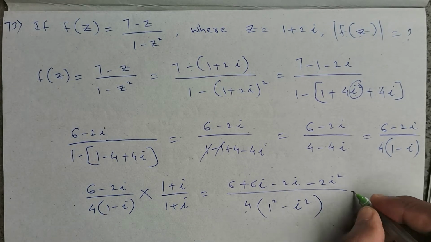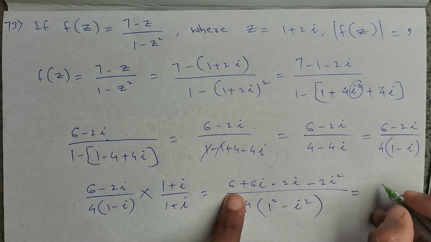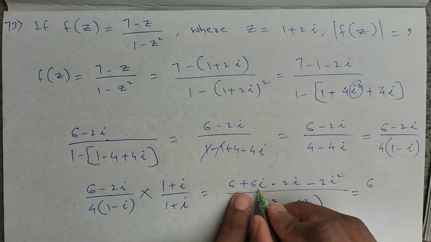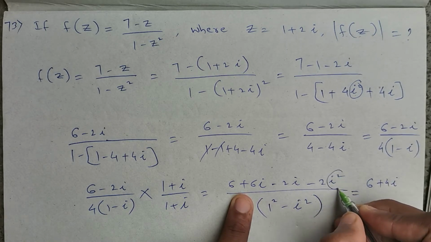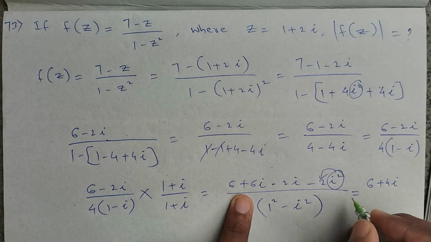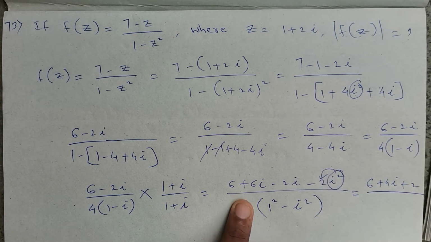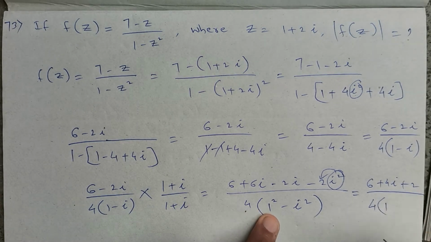So if we solve it now, 6 as it is, plus 6i minus 2i, plus, i square value is minus 1, into minus 2 gives plus 2, whole divided by 4 as it is, times 1 square is 1, minus i square, that is minus of minus 1, plus 1.